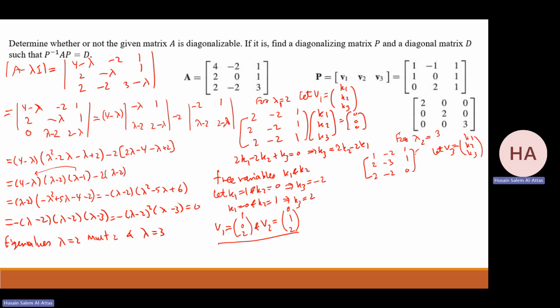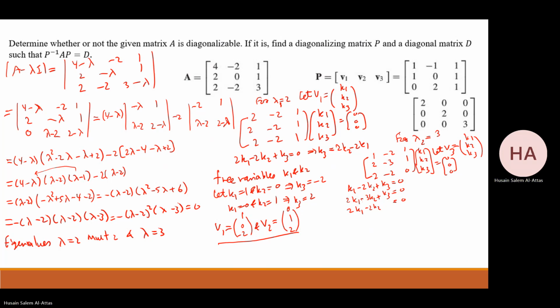Times k1, k2, k3. So what are the equations? k1 minus 2k2 plus k3 equals 0, 2k1 minus 3k2 plus k3 equals 0, 2k1 minus 2k2 equals 0.